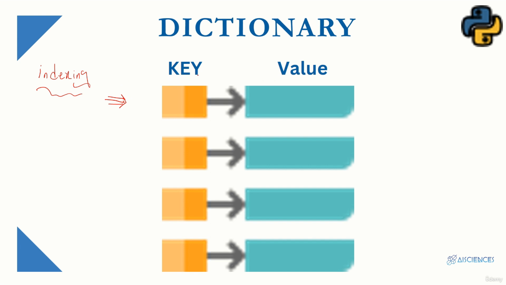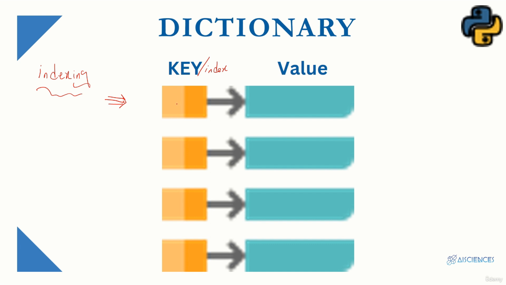One is the key, which acts like an index, and then we have a value. Now, an index is going to be 0, 1, 2, starting from 0 and going onwards. But a key does not have to be a number. A key can be a string as well.